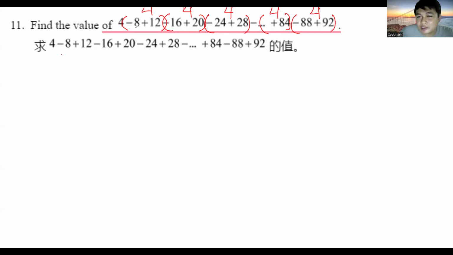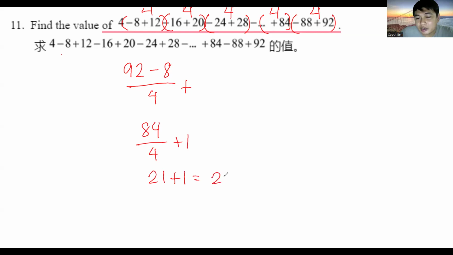Starting at negative 8, disregard the signs for a while because all we are trying to figure out is how many numbers. 92 minus 8 over 4 plus 1, that is 92 minus 8, that's 84 over 4 plus 1. 84 over 4 is 21, plus 1. There are 22 numbers, or 11 pairs, sorry, I wrote 4.